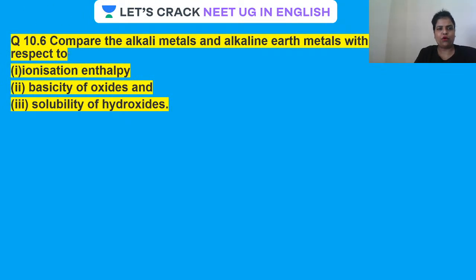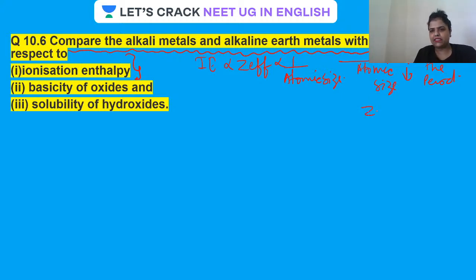Now guys, the next question on the screen: compare the alkali metals and alkaline earth metals with respect to ionization energy. First of all, let us do that. We have just seen that ionization energy is directly proportional to Z effective and inversely proportional to atomic size, guys. Now, first of all, across the period, what happens to atomic size? Atomic size decreases, Z effective increases.